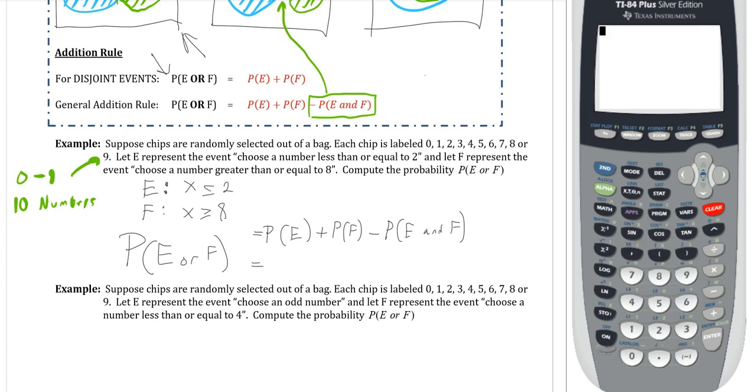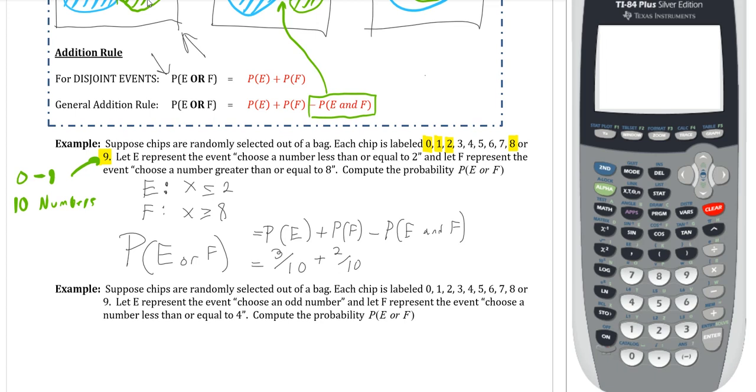If I count all of those, the numbers that are less than or equal to 2 are 0, 1, and 2. That is 3 outcomes, so 3 out of the possible 10 numbers. Likewise for F, F is a number greater than or equal to 8, so that's 8 and 9. Therefore, there are 2 outcomes out of 10 that are greater than or equal to 8.